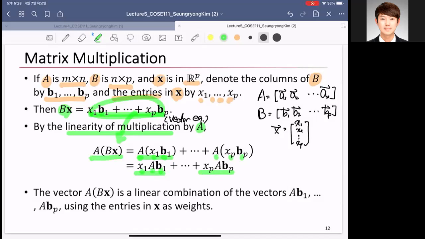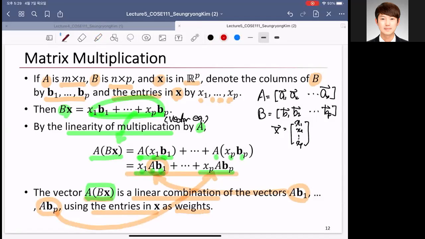Then we can understand this representation: vector ABX is a linear combination of vectors AB1 through ABP, using the entries in X, X1 through XP, as weights.